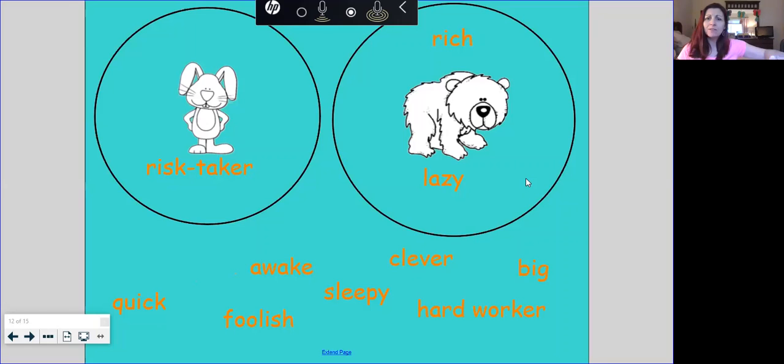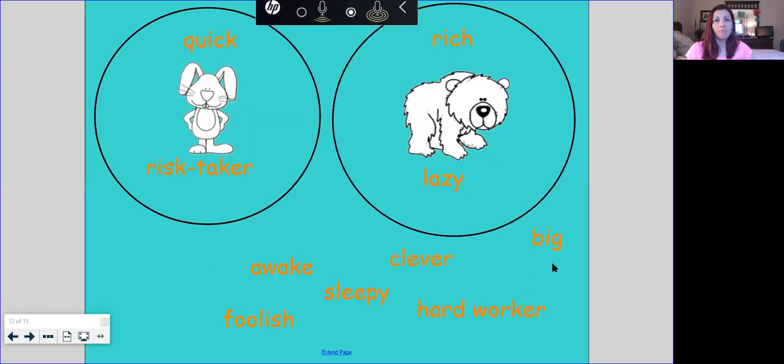All right, let's come down to another word. Ooh, what about this word? Quick. Which one of these characters was quick? Well, if Bear's lazy, lazy does not make me think of quick. Okay, Hare. I'm going to place quick under Hare. Let's try. Oh, this is a word I recognize.